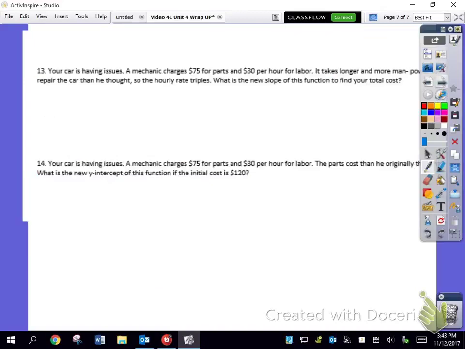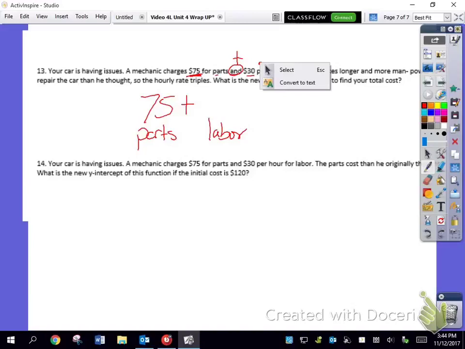All right, number 13, your car is having issues. A mechanic charges $75 for parts, so you have to pay $75 no matter what. And you also have to pay for the labor. Well, the labor is 30 per hour. Remember, per is the times. So 30 times H, okay? It takes more manpower to repair the car than thought.